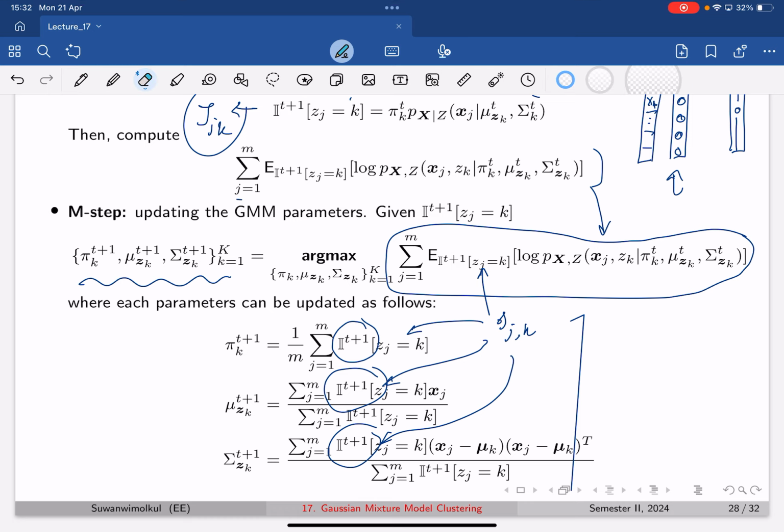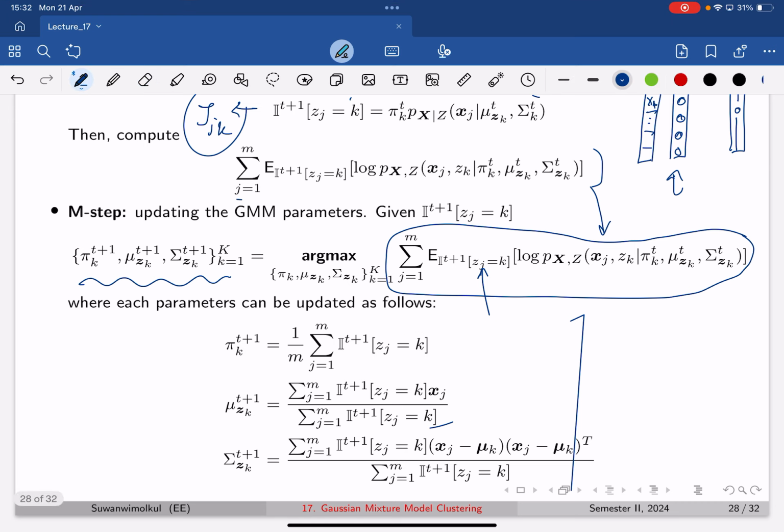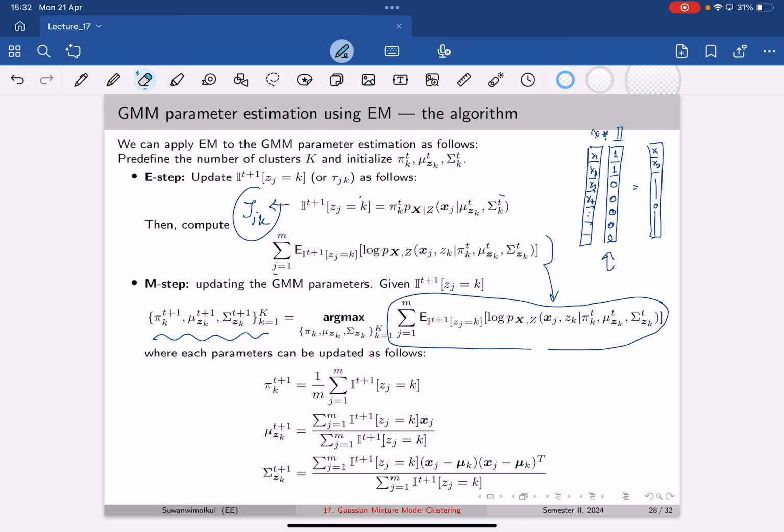So yes, you can replace this I t plus 1 as tau jk, that one tau jk, that one tau jk, as well as this one. So it just resonates with what I mentioned earlier, but this time we will see how things happen this way.